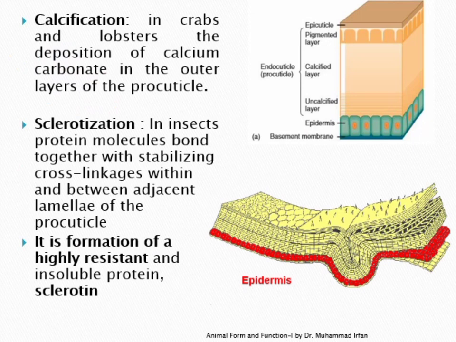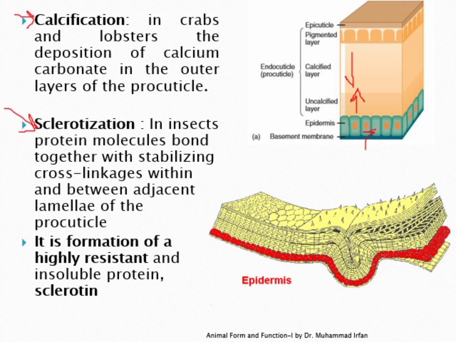The cuticle of the arthropods is hardened by mainly two processes: calcification and sclerotization. Calcification is the hardening of the cuticle by release of calcium carbonate from the same epidermal cells.